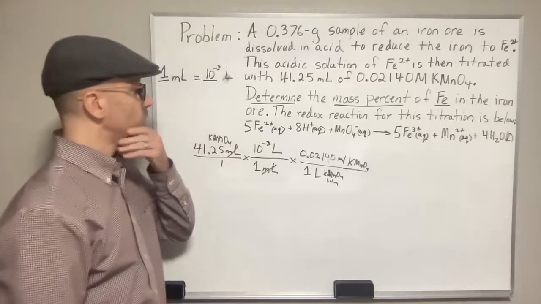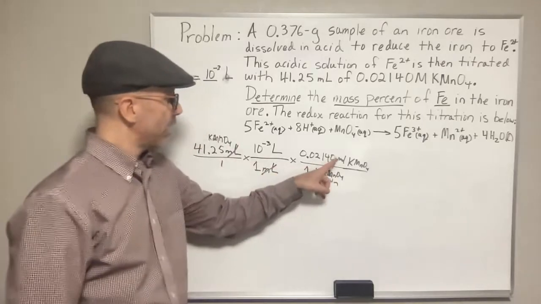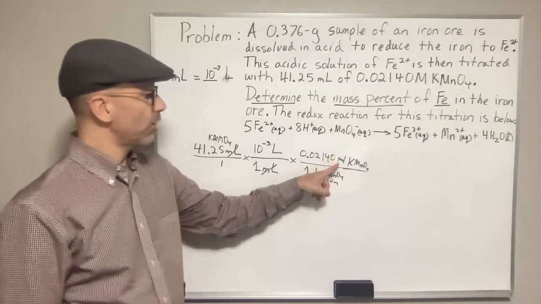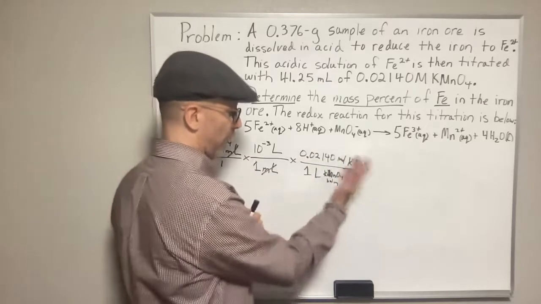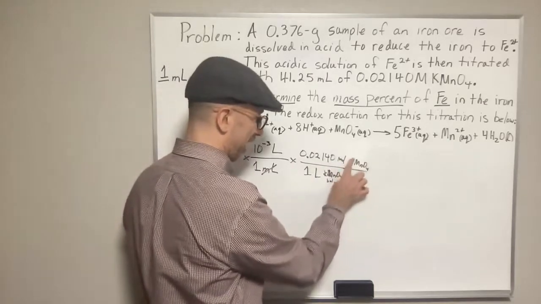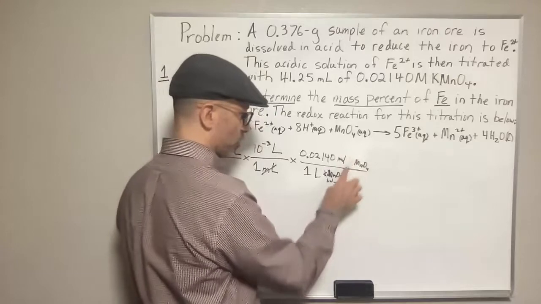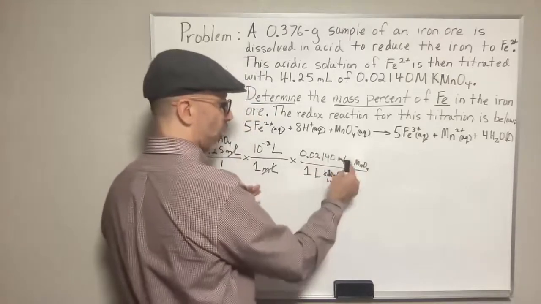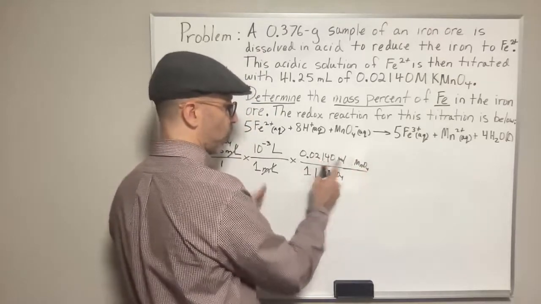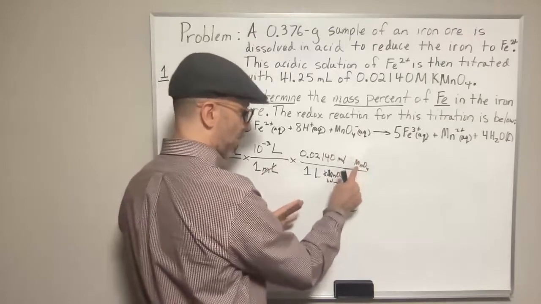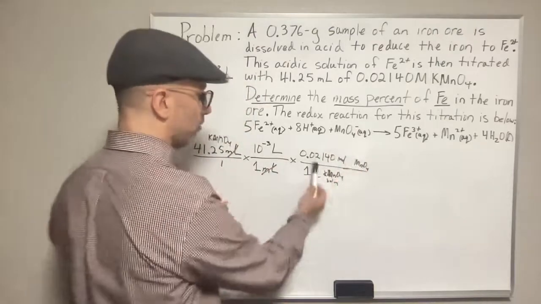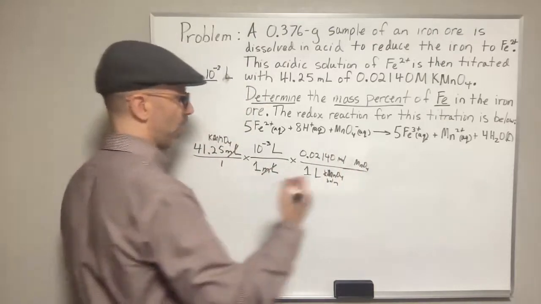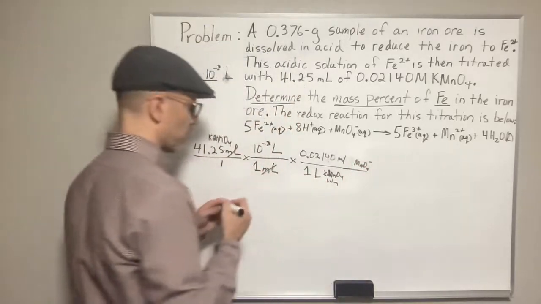Okay, so now you have moles of KMnO4. That's the same as the number of moles of MnO4, so you don't need the K in there. Since it's a 1-to-1 ratio, the moles of your KMnO4 is equal to the moles of your MnO4, the same number of moles of your MnO4 minus.